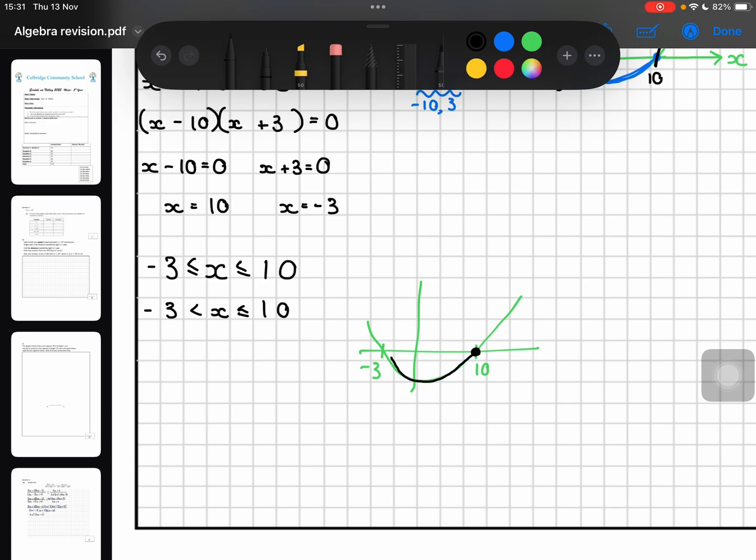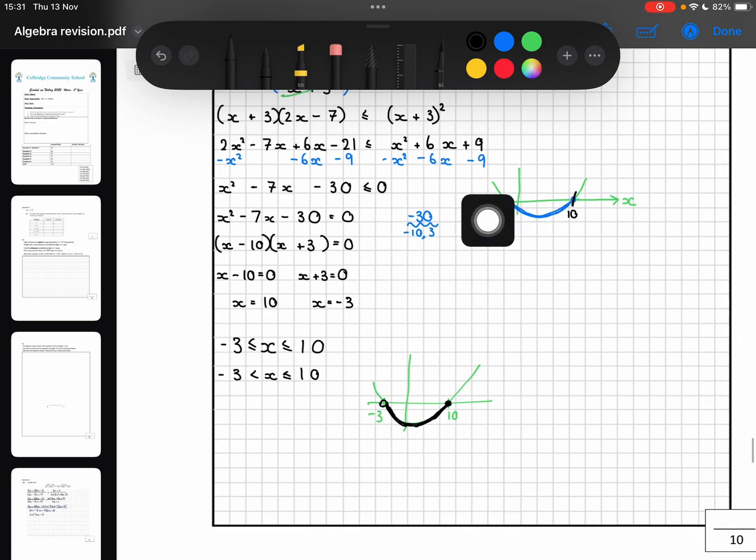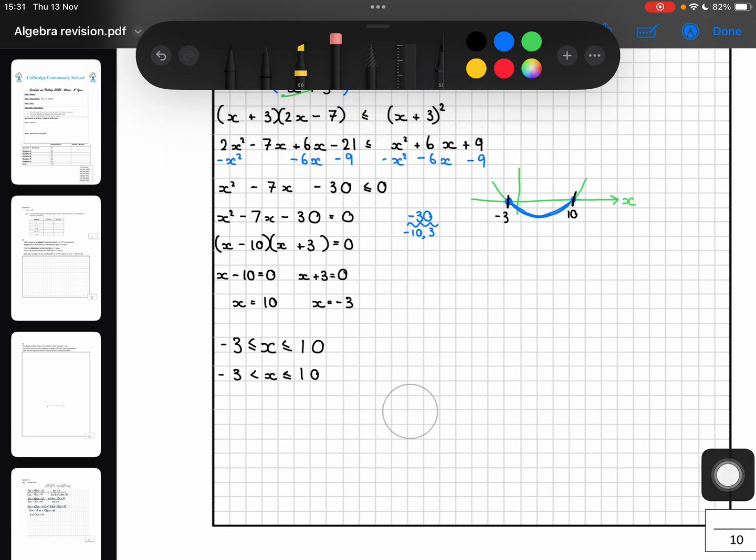But right here, it is not able to be -3. We never have to sketch them out like this in the quadratic, but that is what we're doing here: just excluding the -3 itself and getting everything else underneath the quadratic included. I'm going to rub that out so that when you get the PDF version of these, you won't be confused by that. But that is it.